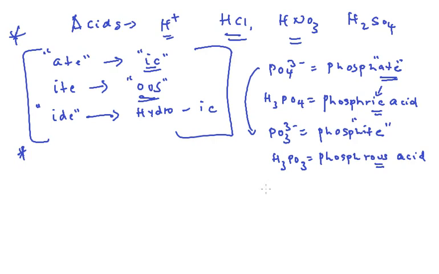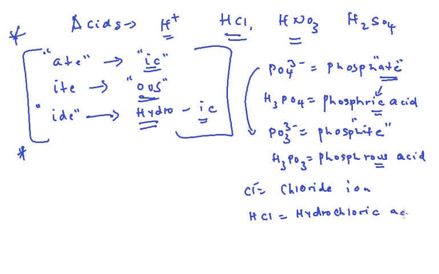Now let's take a monoatomic anion. Okay, I would go with HCl. Say, for example, Cl, which is the chloride ion. The chloride ion is a monoatomic ion, and the rule says if you have an acid made from a monoatomic anion like HCl, you need to use a prefix hydro and a suffix ic, which is hydrochloric acid.